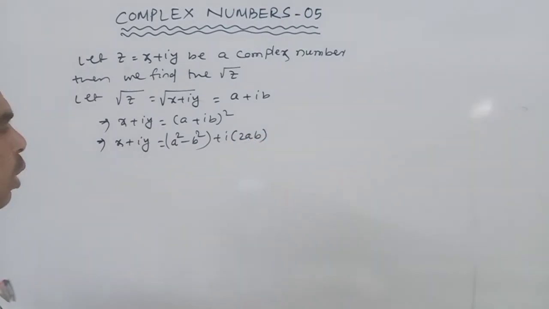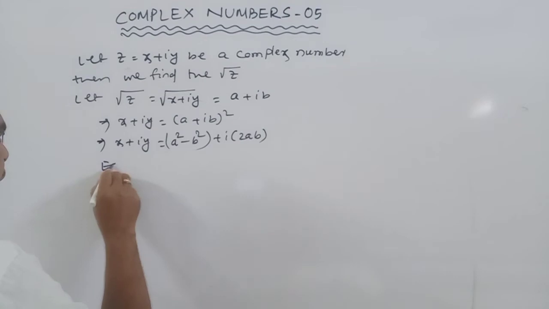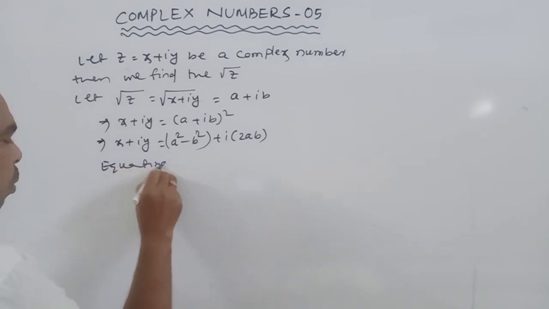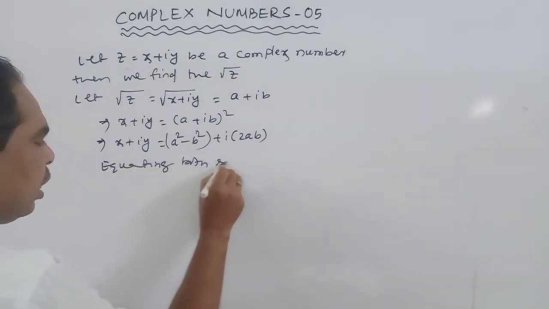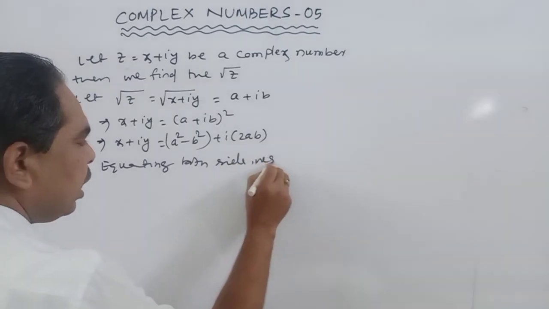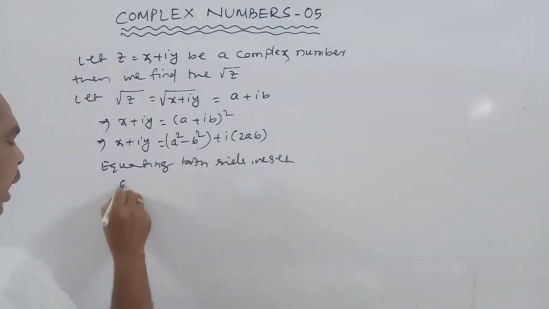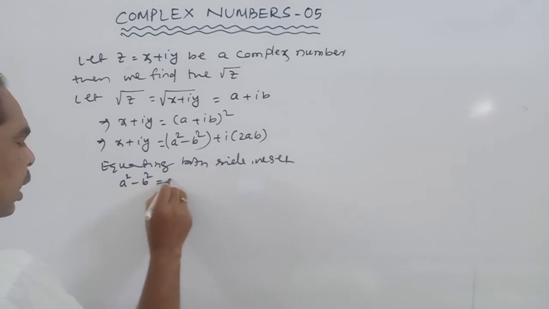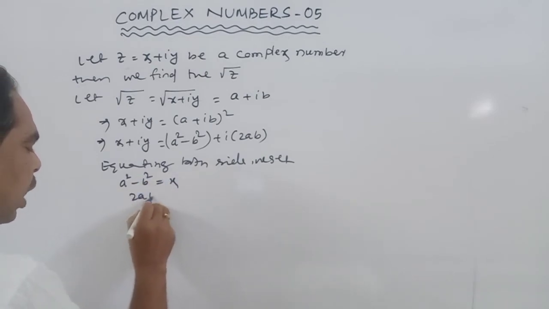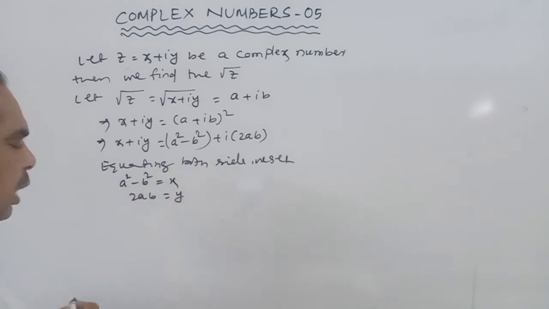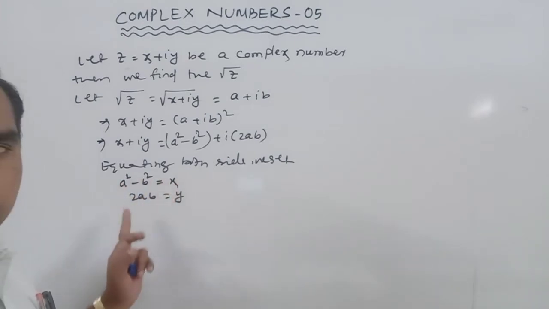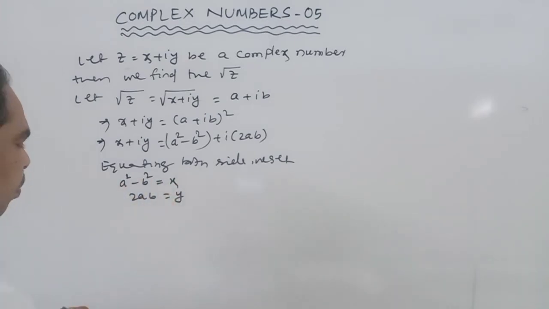Okay, so equating both sides, we get a square minus b square is equal to x, and 2ab is equal to y, equating real and imaginary parts.